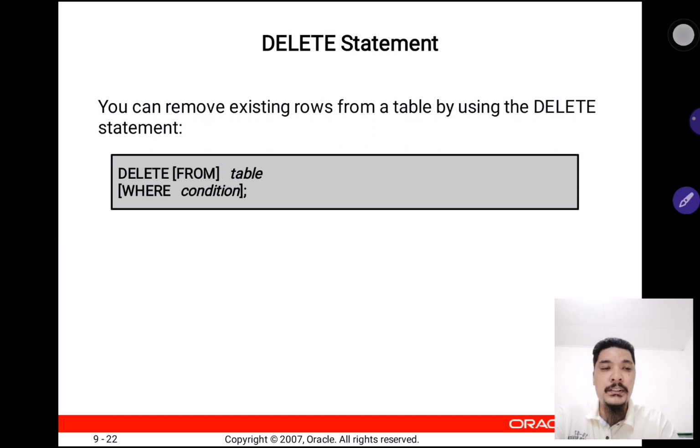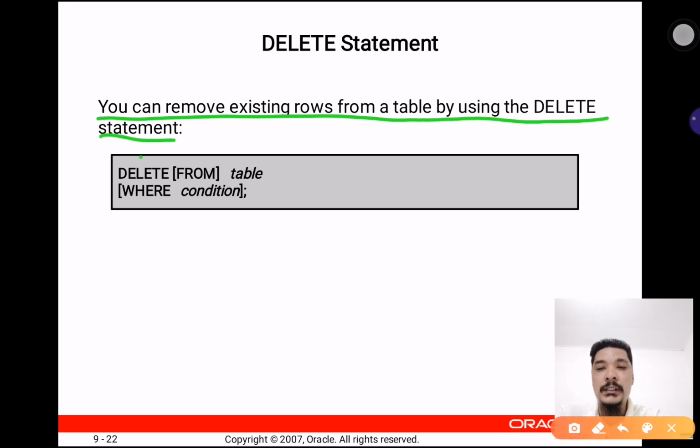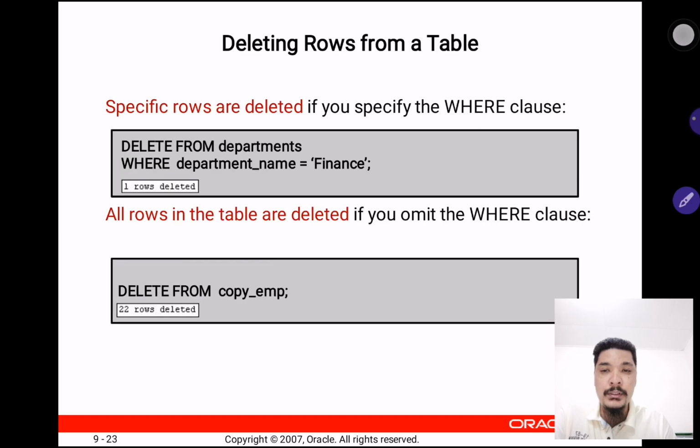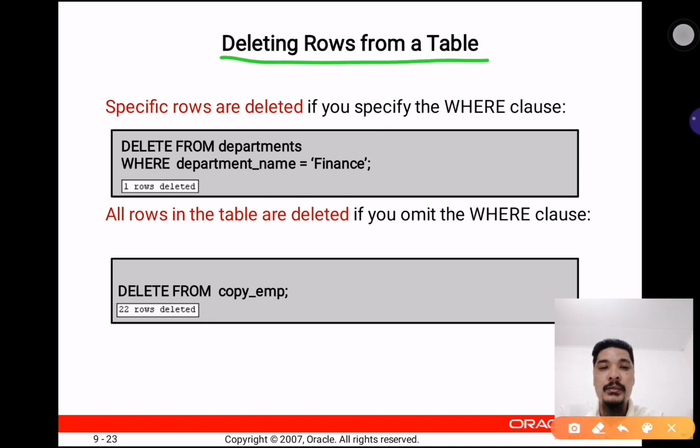For the delete statement, it's also quite simple. You can remove existing rows from a table by using the delete statement. So delete from table, then the condition here. This is the statement. Number 1, if you want to delete a row from a table, specific rows are deleted if you specify the where clause.